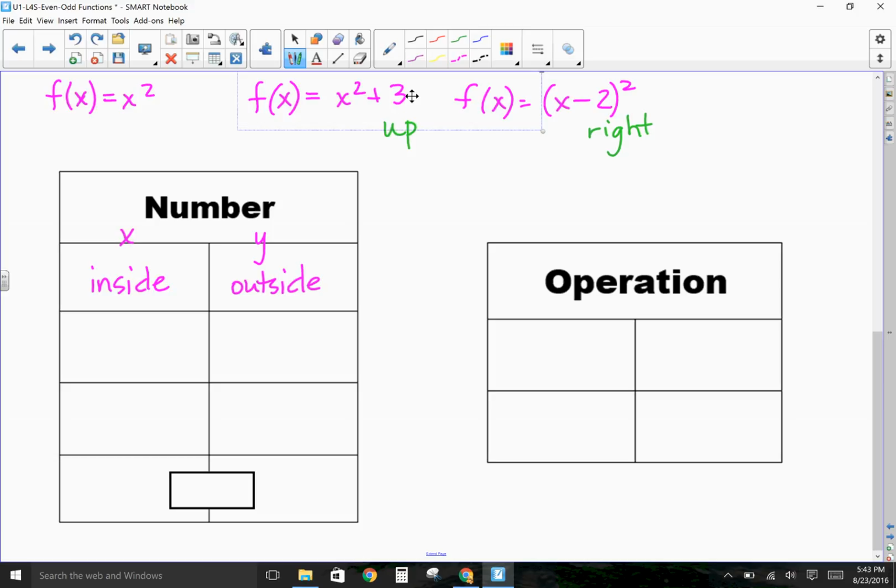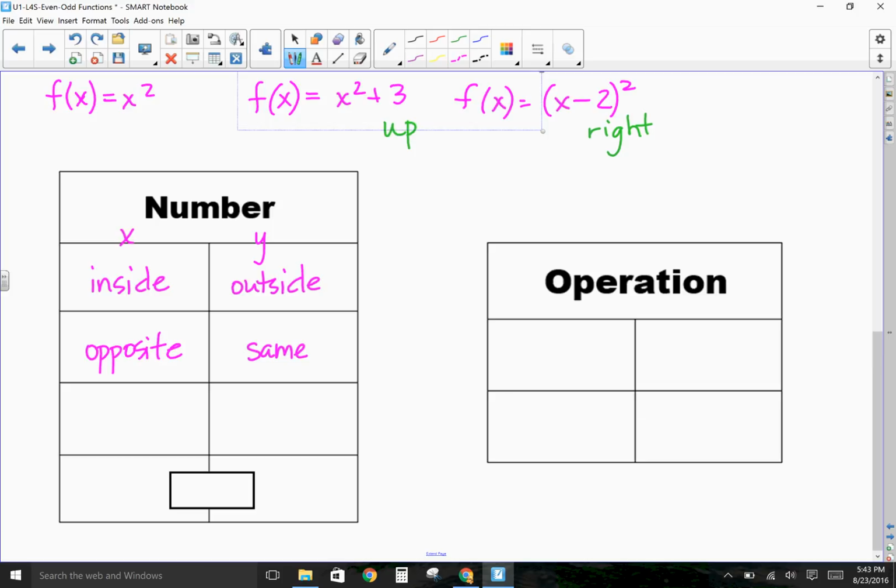It was plus 3 and it went up. When it affects the y value, it goes in the direction you think it's going to go. But if it affects the x coordinate, like the minus 2 here, everybody would think we would go to the left, but we actually go to the right, so we do the opposite of what we think.